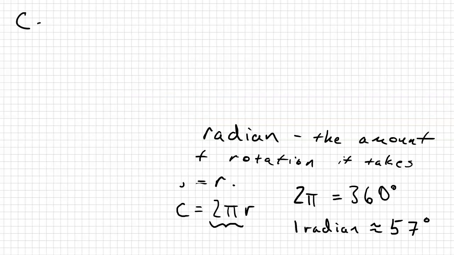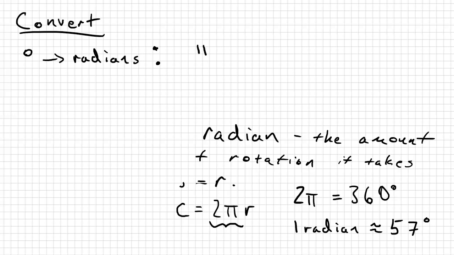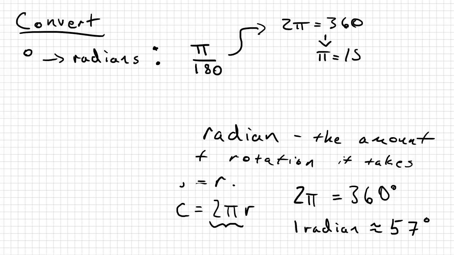When we convert from degrees to radians, we want to multiply by pi over 180. This comes from 2 pi is equal to 360, so dividing by 2, pi is equal to 180.